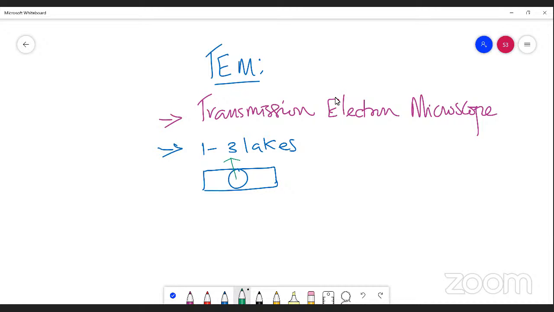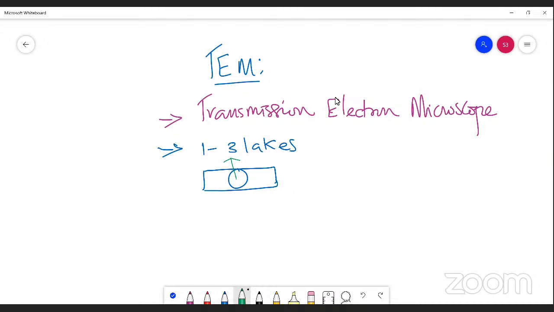Magnification is nothing but an optical increase of an image. So this optical increase can be 1 to 3 lakh times greater than the normal size of an image when we place it under the TEM, or transmission electron microscope, right?